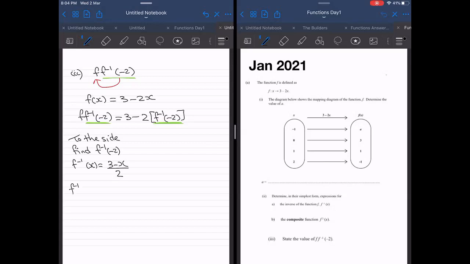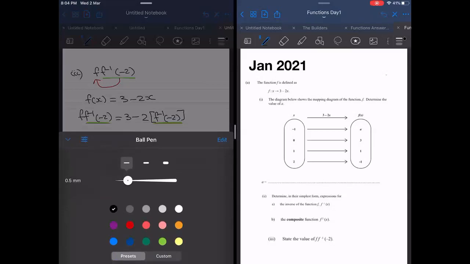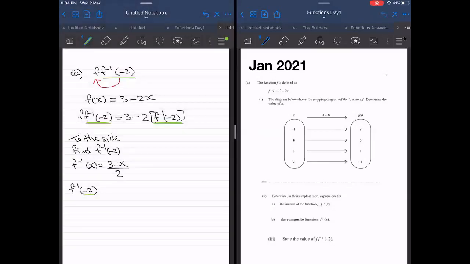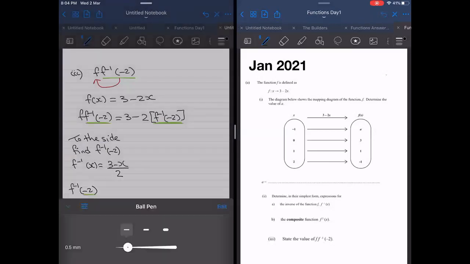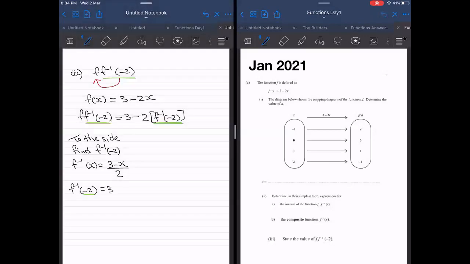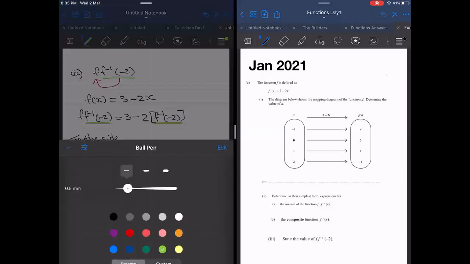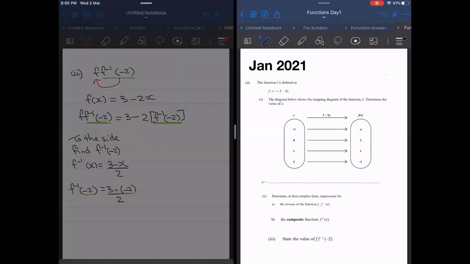So f inverse of -2 simply means that we're going to input -2 into f inverse. So wherever I see x, I am going to put, or maybe I should use another color since this is a different, let's use blue.